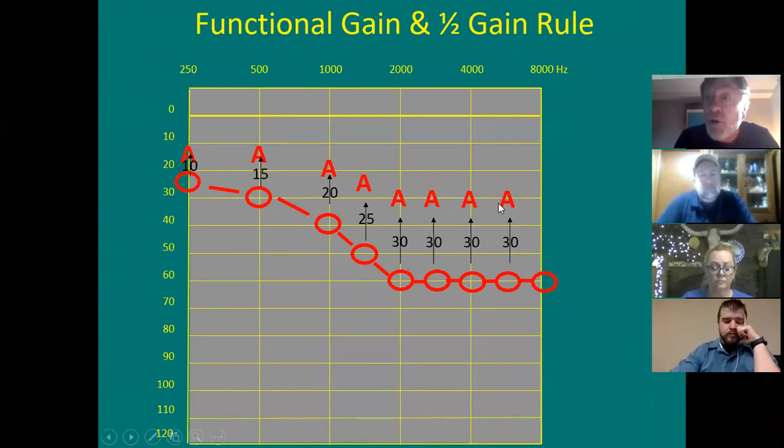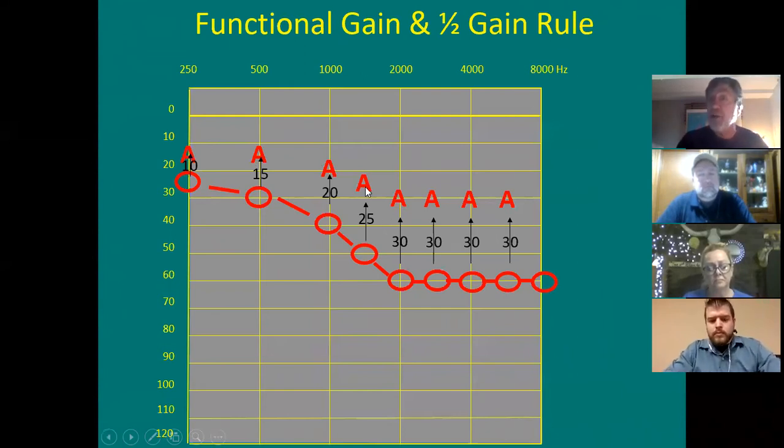If you were talking NAL and you were using functional gain, you'd want these letter A's to be in a different spot. If you were fitting with Berger and you were using functional gain, you'd want these letter A's to be in yet again a different spot. Probably the letter A's with Berger would be doing this. Probably the letter A's with Libby would be doing this.